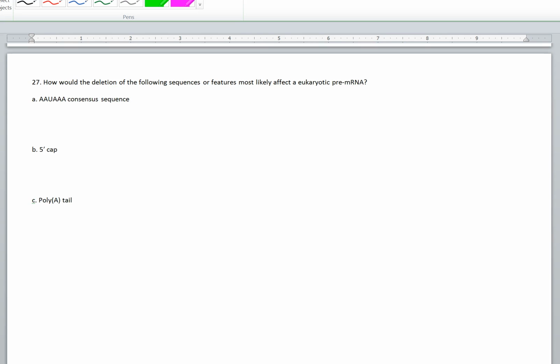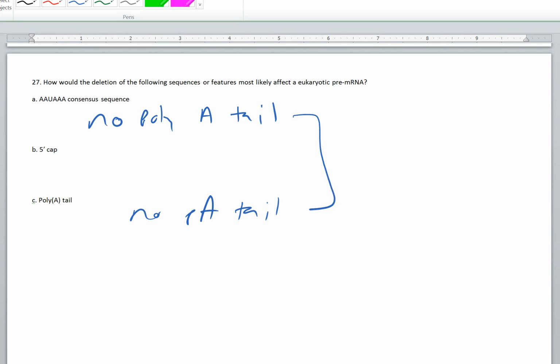Alright, so here we'd get no poly A tail. Here we obviously have no poly A tail. The main function of this poly A tail is to stabilize the RNA, so we'd get degraded RNA.